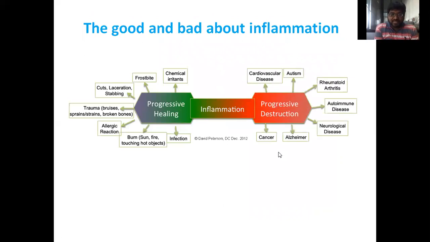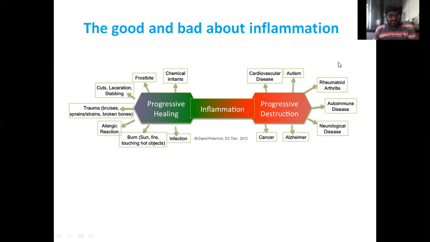There are two sides to the inflammation. The first is progressive and healing, and the second is progressive and destructive. On the first side, progressive and healing, you can see chemical irritants, cuts, trauma, allergic reactions, burns, and infection. This is the preliminary response of the inflammation.